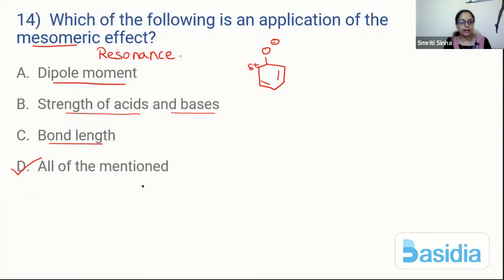Both have O negative, one is phenoxide ion and one is alkoxide ion. Phenol can donate its proton very easily and it is an acid, but alcohol cannot donate its proton and it is not an acid at all, it is neutral.